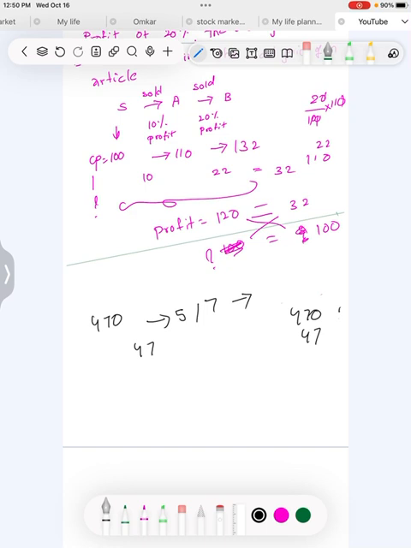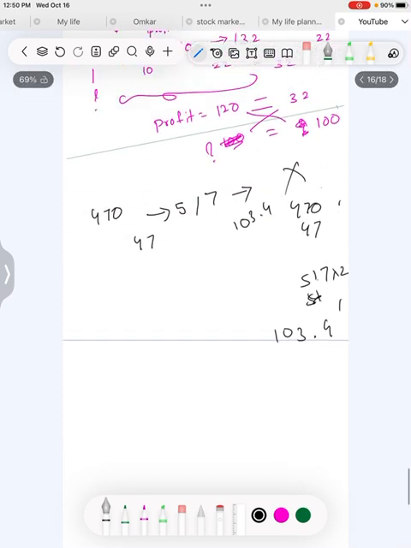This is a 20% profit, right? You can just do it. This is a 20% profit. It is getting in the decimal, so you can see it is wrong. Let us go to another option.